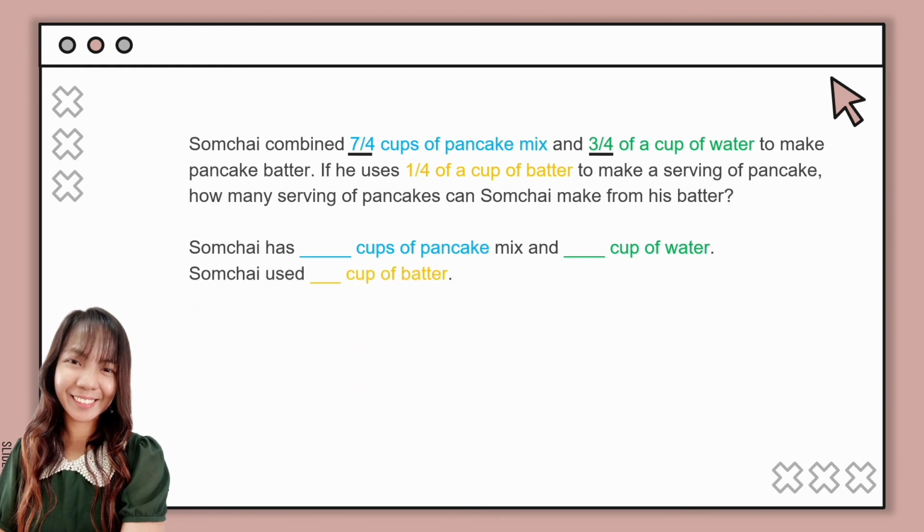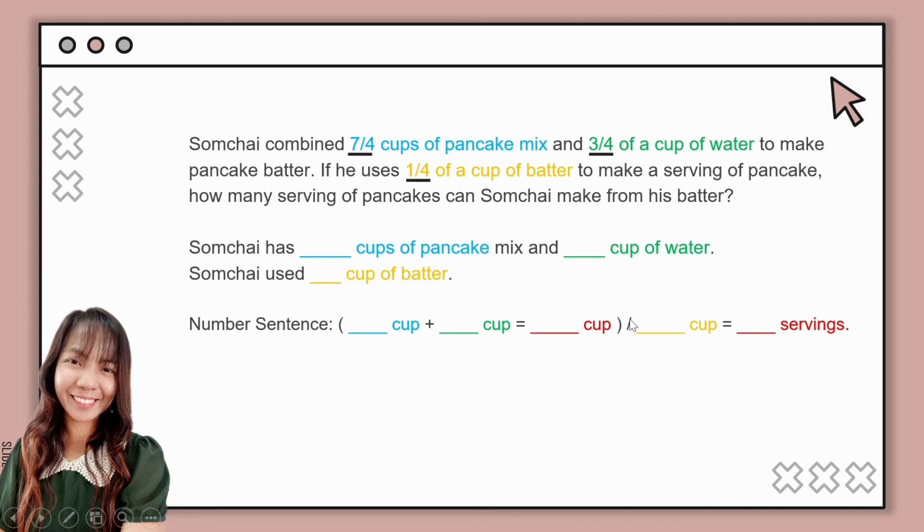Alright, so use blank. So yellow, this one. Please write this fraction here. Alright? And then for the number sentence, I just put the color. Meaning you have to add first this one, 7 over 4 plus the green 3 over 4. So what's the answer? You put your answer here in the red blank.